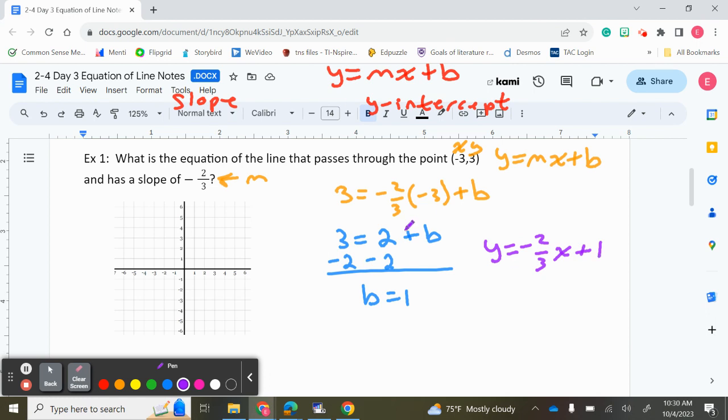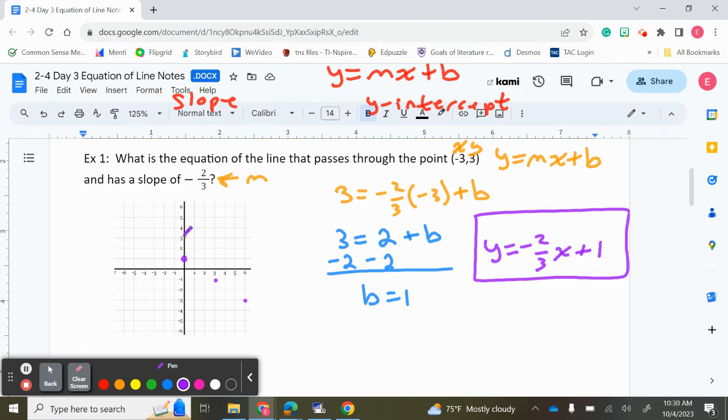Okay. Now what we're going to do is graph this. So here's the equation. Now we're going to graph it. I'm going to start at the y-intercept, and I'm going to go down 2 over 1, 2, 3 each time. And then I can also flip-flop this process because it would still be negative.